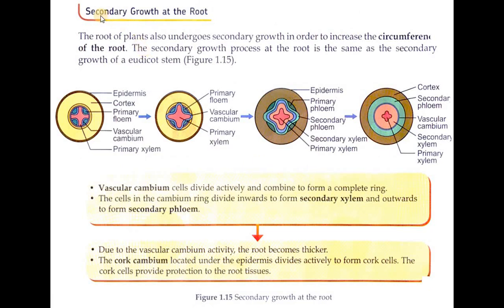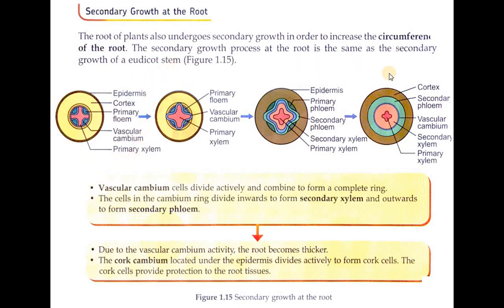Now we take a look at secondary growth in the root. The root of plants also undergoes secondary growth in order to increase the circumference or diameter of the root. The secondary growth process in the root is the same as the secondary growth of a eudicot stem.